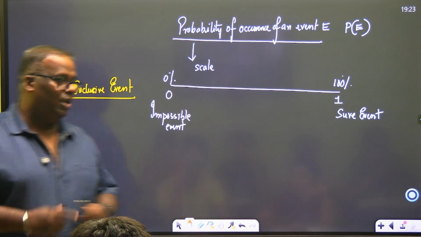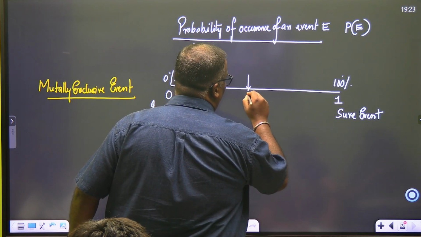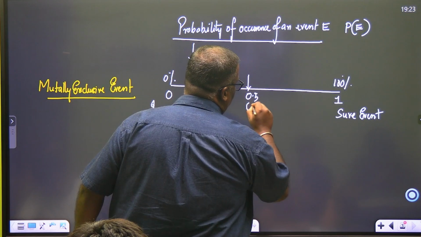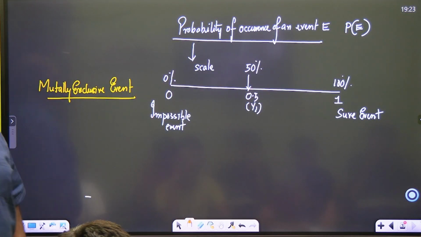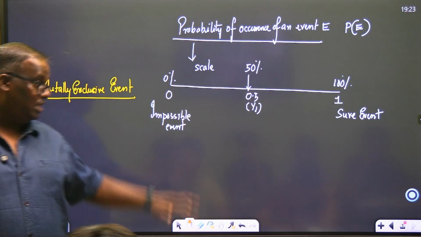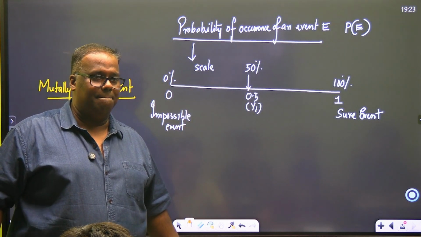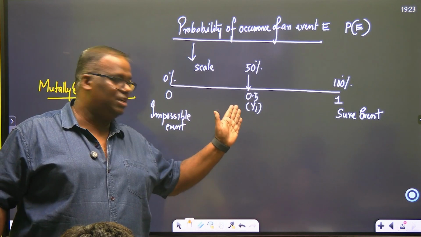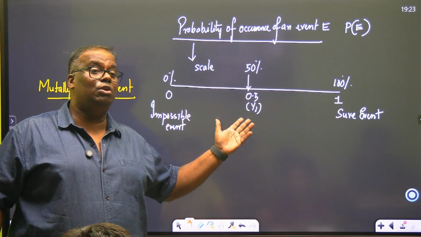अच्छा, अब आते हैं probability at the value 0.5 or say half or say 50%. Then in such a case, what we will say? Equally likely. 50% means equally likely. Equal chances of probability that you will win the match tomorrow is 50%.